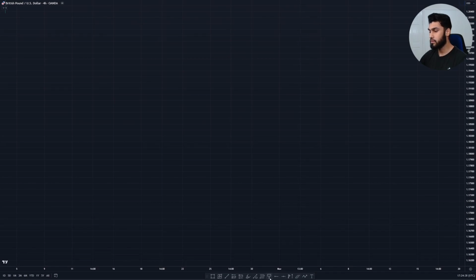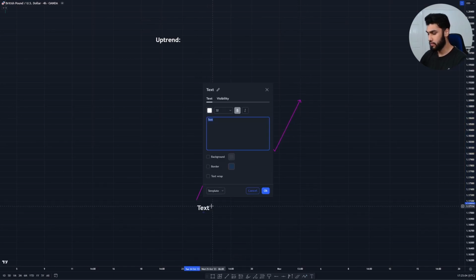So the first trend we'll be discussing is an uptrend. If I write it out over here, an uptrend is basically when the price is creating higher highs and higher lows. And as you can see, this is a nice theoretical example of that happening. So right over here, we can write higher lows.